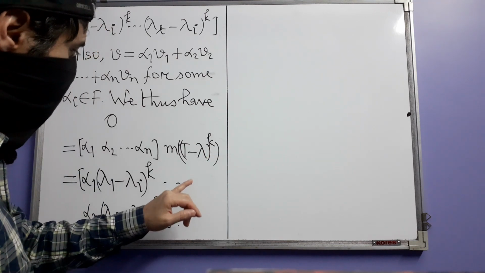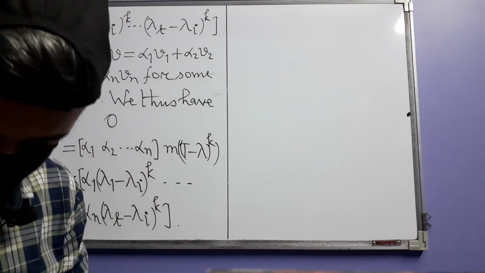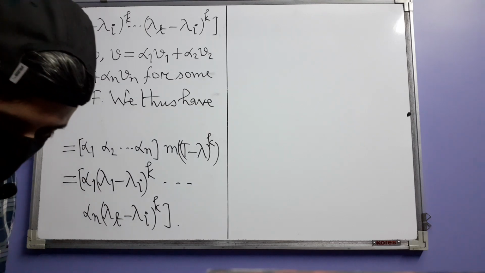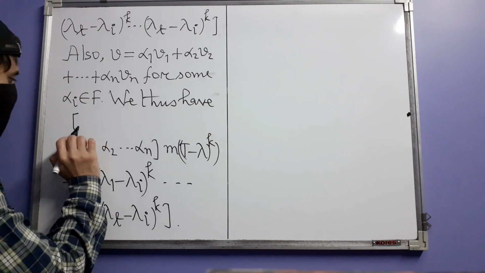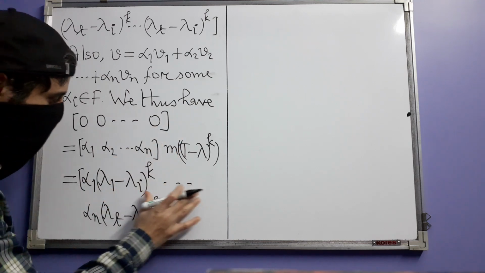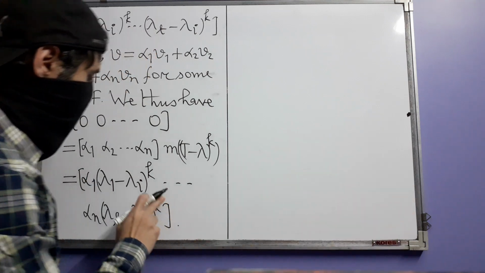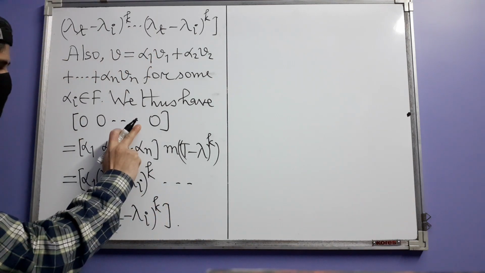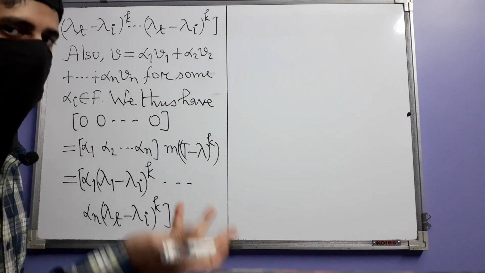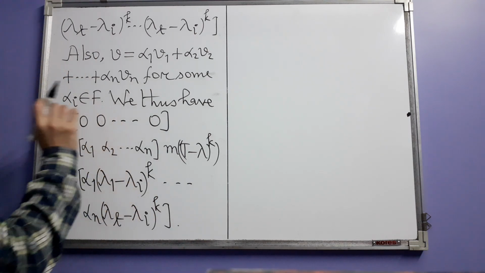So, equating those zeros which correspond to lambda I to the corresponding zeros here doesn't really give us anything, 0 equal to 0. However, the other entries are equal to 0.